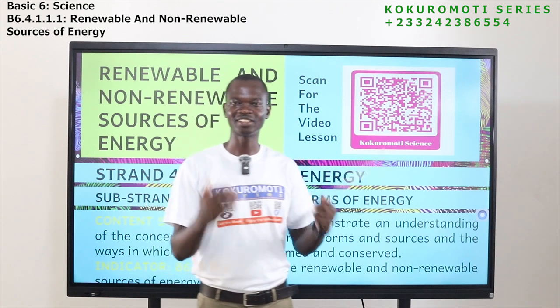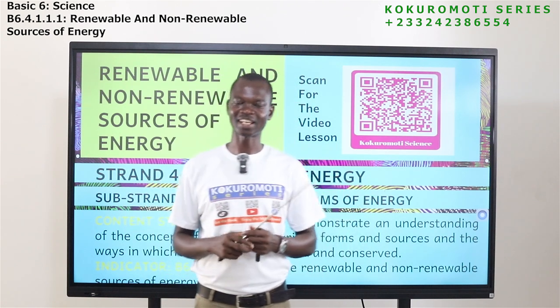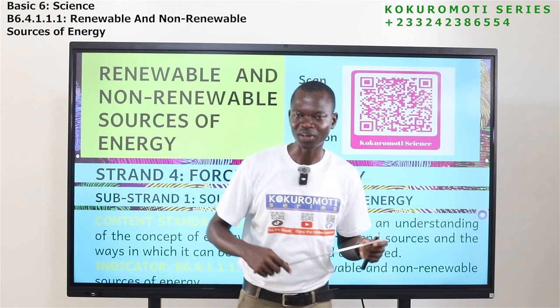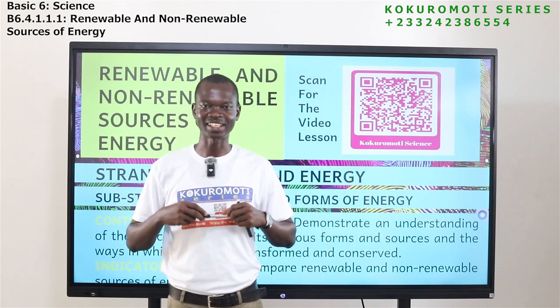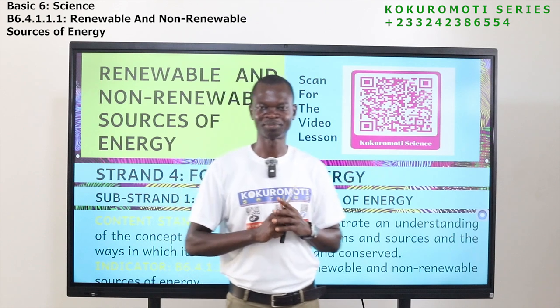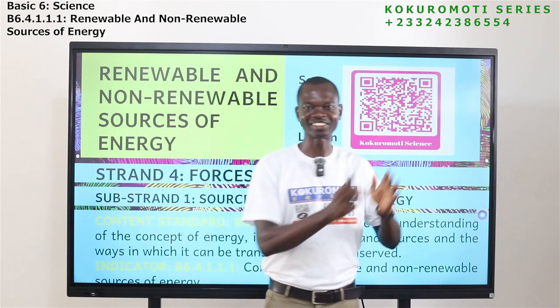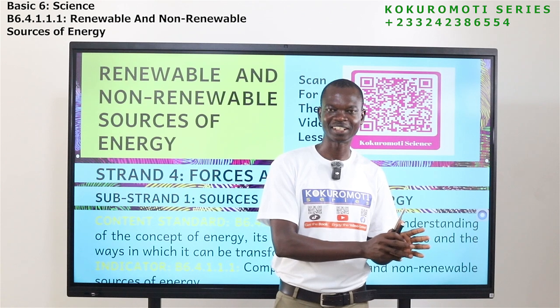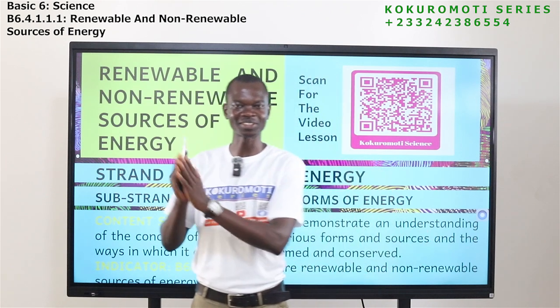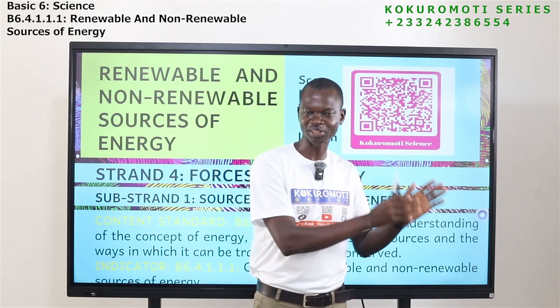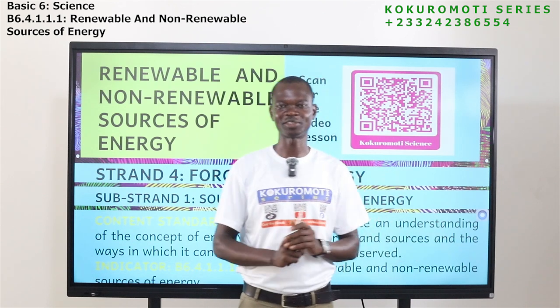But today, the sources of energy that we have learned, we are going to group them into those that are renewable and those that are not renewable. So renewable sources of energy and non-renewable sources of energy. That is what we are going to do today.